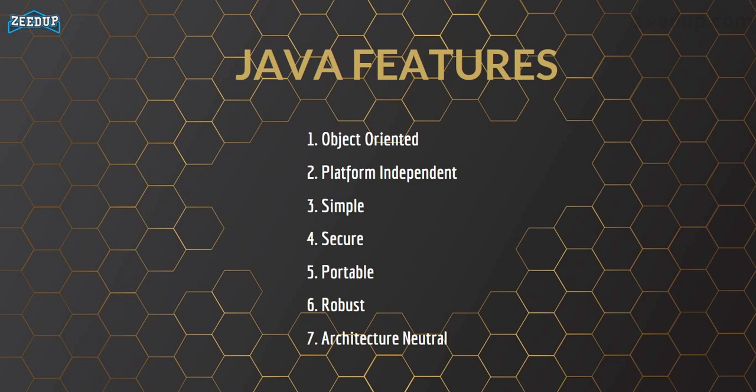Now, once we have understood the platforms of Java, let us take a brief look at the different features of Java. All these features have been named once or twice up till now in our discussions. So let us understand what these features are and why they make Java such a good programming language. The first feature we are going to discuss is the object-oriented feature. In Java, everything is an object.